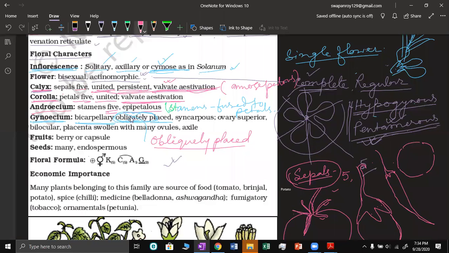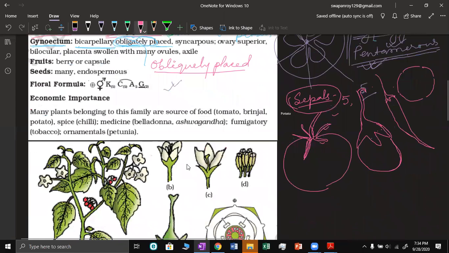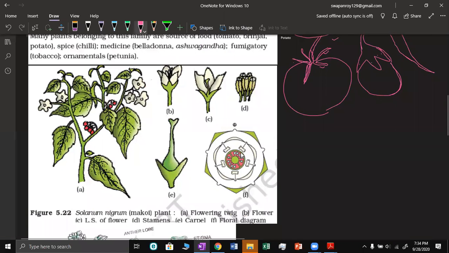This is a printing mistake in the book, so correct it. And 2 carpels are there. What is obliquely placed? See here. This is the ovary. Okay. And 2 carpels are there.